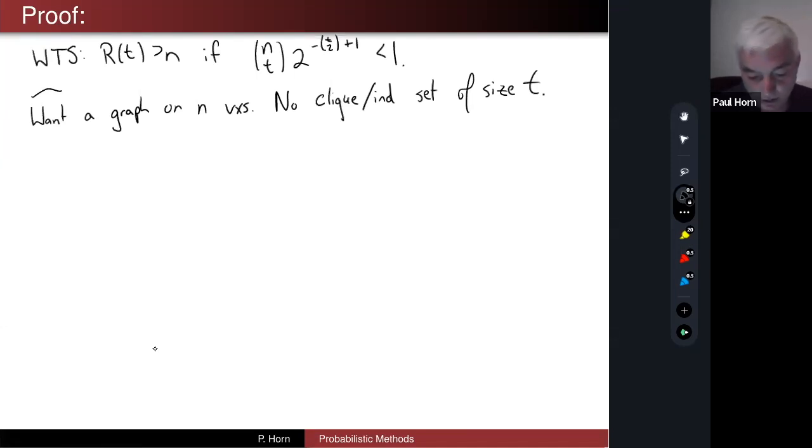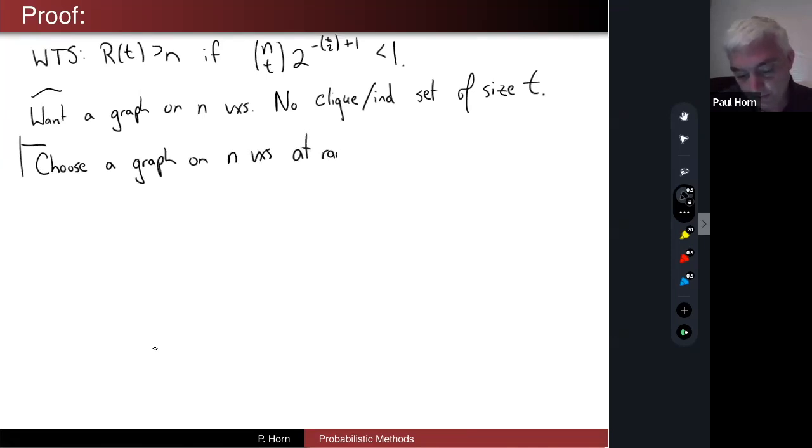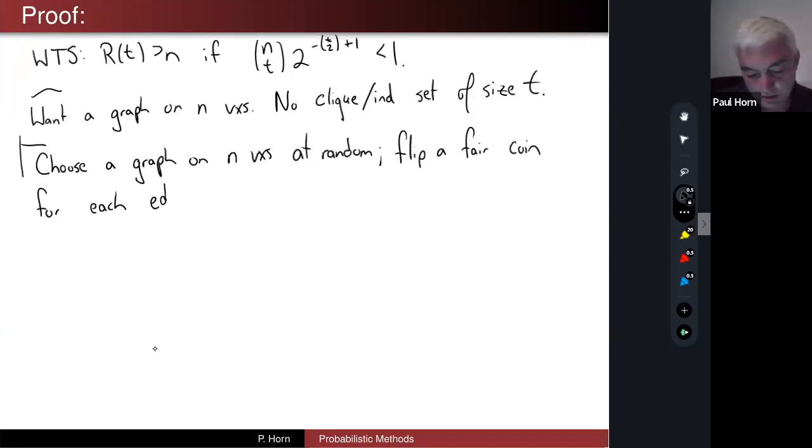Then I've shown that this Ramsey number is bigger than n. All right, so here's what I'm going to do. I'm going to choose a graph on n vertices at random. I'm going to flip a fair coin for each edge. If I get a head, that means an edge, and if I get a tail, that means no edge.